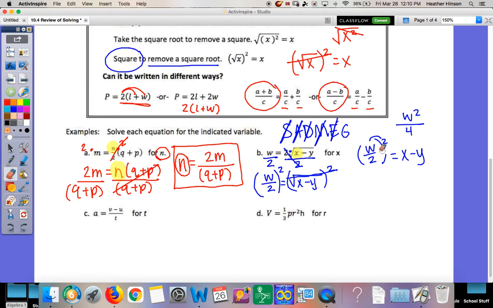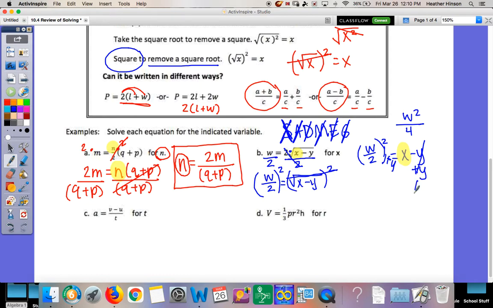Sometimes they do, sometimes they don't. So just watch whatever your answers say. Okay, we're still solving for x. So I just did my grouping symbol, so now I just start over. Do I have subtraction? Yes. We have minus y. How do we get rid of minus y? We're going to add y. Add it to the end.